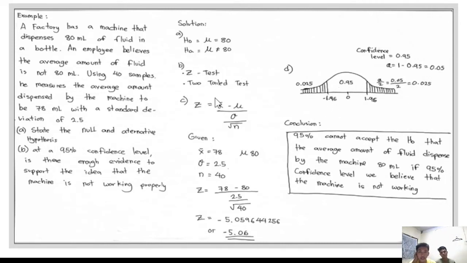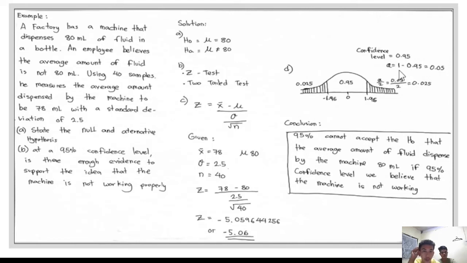Alam nating two-tailed test, kaya dalawa dito. Sa pagkuha nung alpha all over 2, 0.05 all over 2 is equal to 0.025. Kalahati ng 0.05. Tapos yung confidence level na 0.95. Para makuha mo yung alpha, ganito yung gagawin mo.